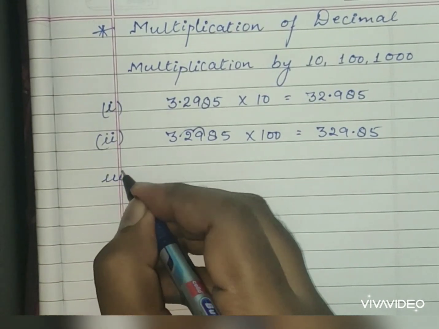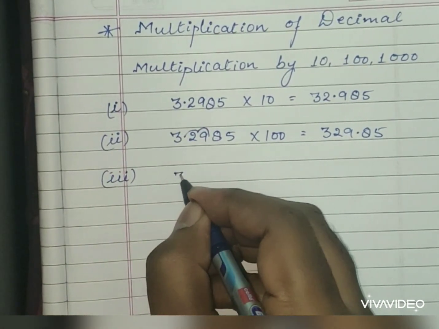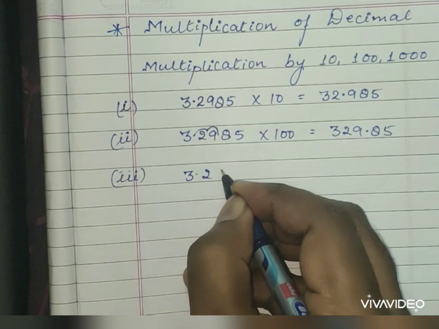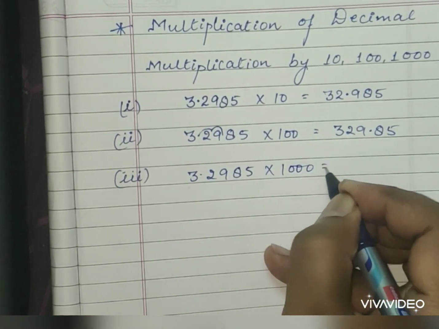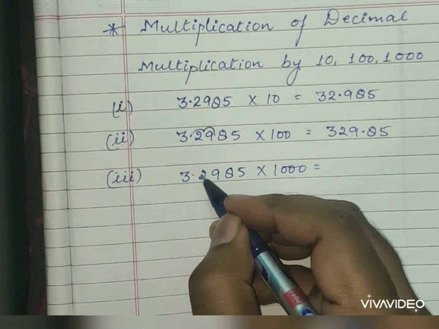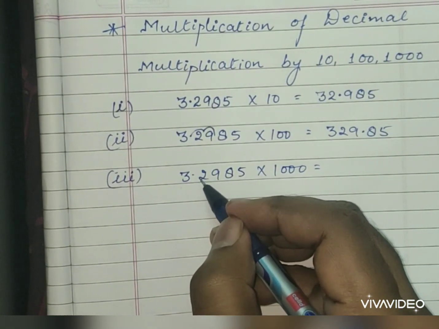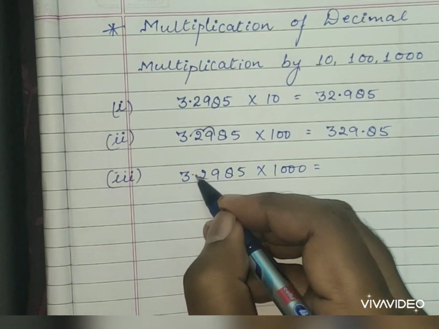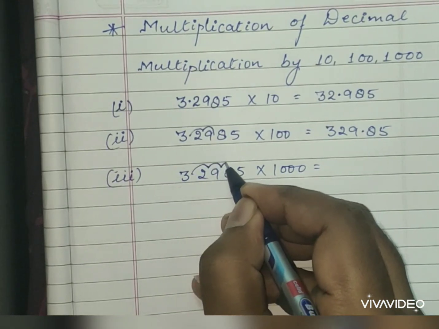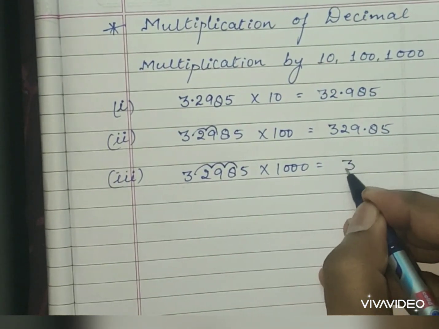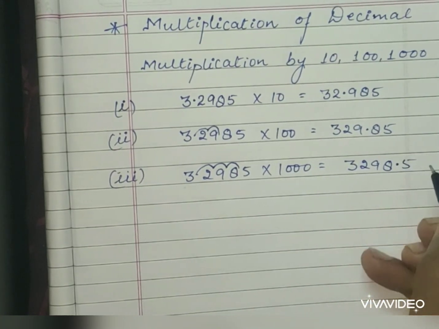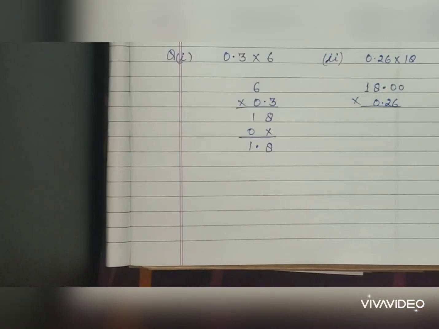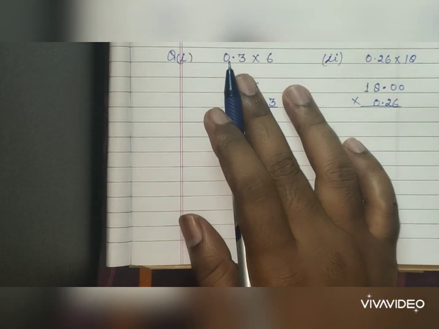And if the same number is multiplied by 1000, there are 3 zeros in 1000, so the decimal place will be shifted towards the right side by 3 places. Up to 3 places it is shifted, so this is 3298.5. Clear?